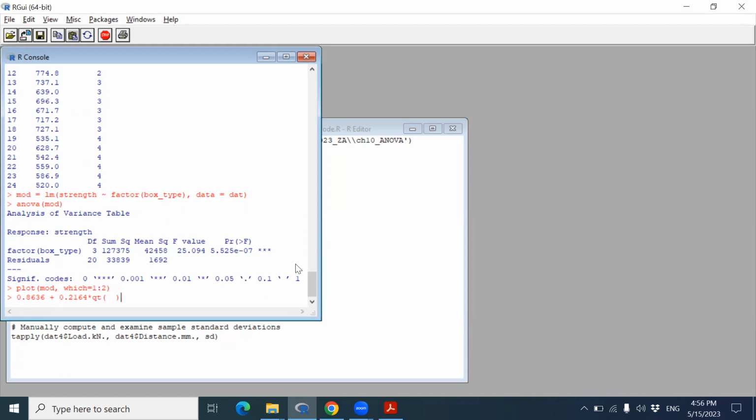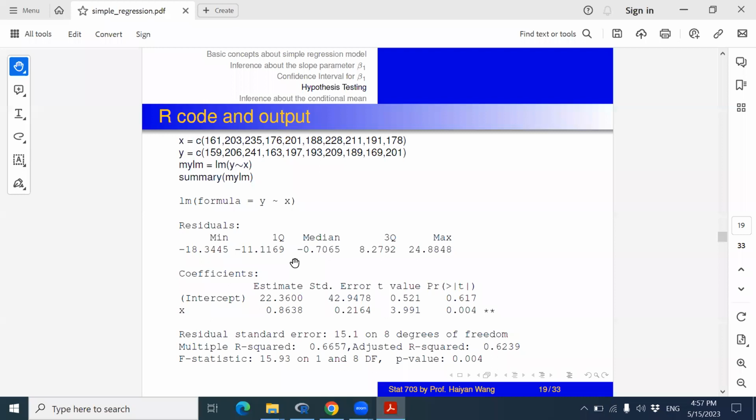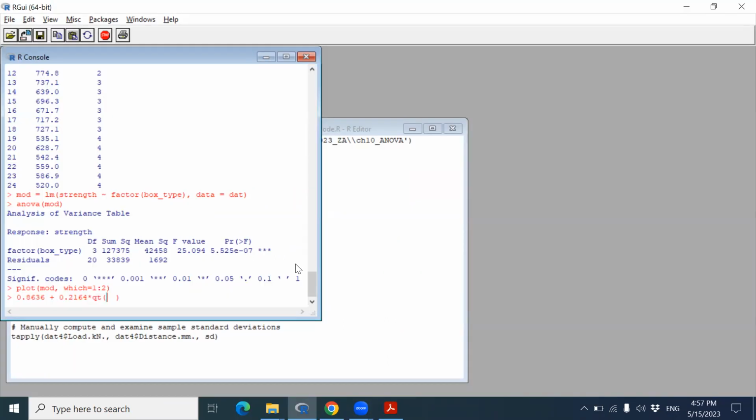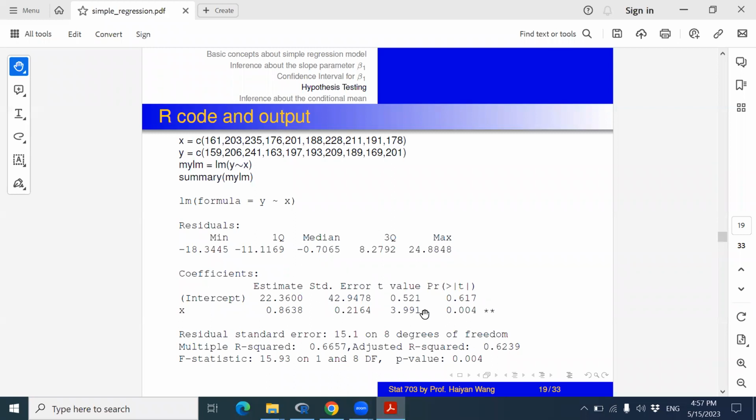Inside the qt, we need to give the percentage. For a 95% confidence interval, we put 0.975, and then we need to give the degrees of freedom. Here, the residual standard error has 8 degrees of freedom.